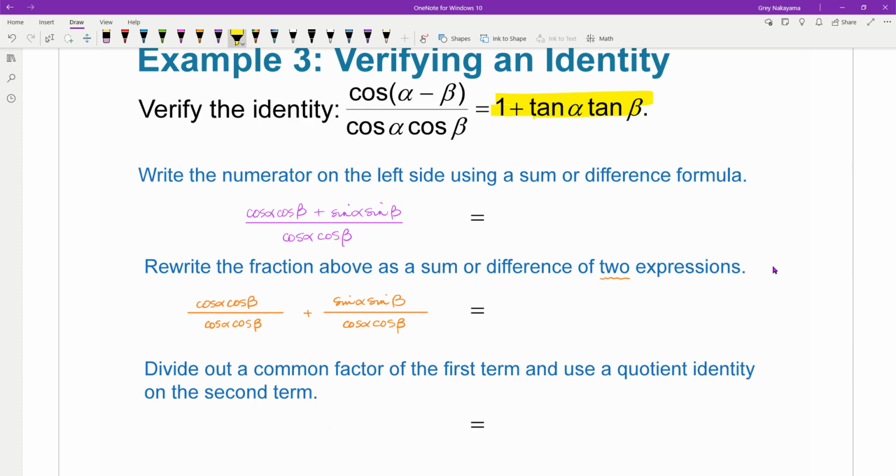But when you simplify this, this is the same. This is the same. Anything divided by itself is 1. Okay, carry down my plus. And then sine over cosine is tangent. So one of them is alpha and one is beta. So I have the same thing on both sides, and I verified an identity.